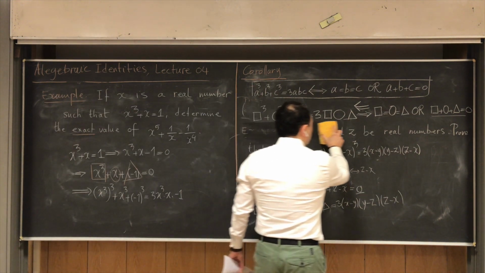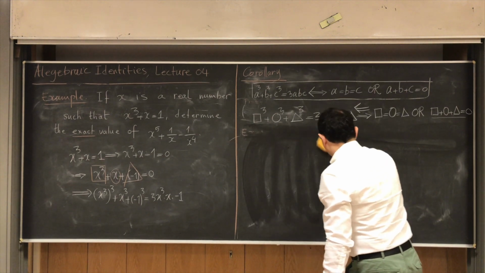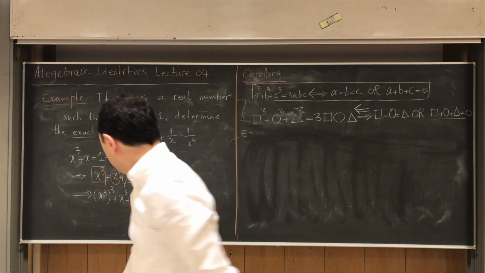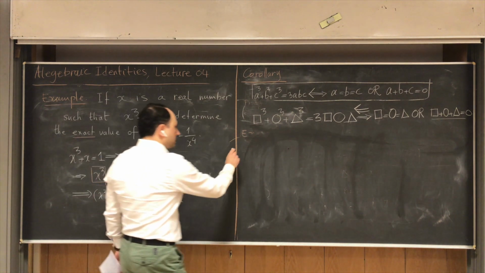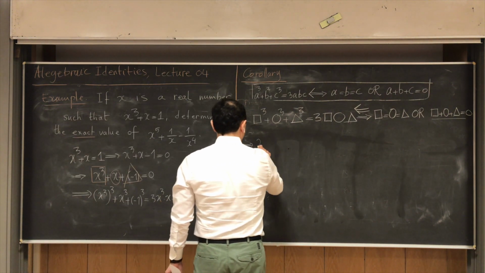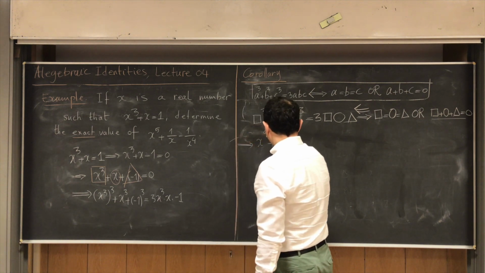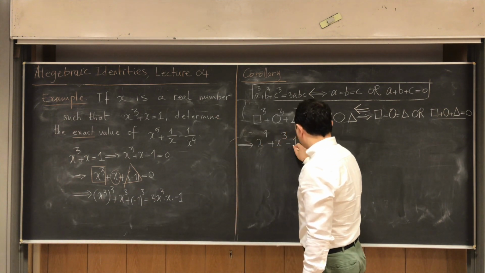Okay, so let me keep this and start writing from here. I might need it for the next problem as well. Okay, so then let us continue here. X to the 3 means that this is x to the 9. Yes, and this is also x to the 3. And minus 1 to the 3 becomes minus 1.